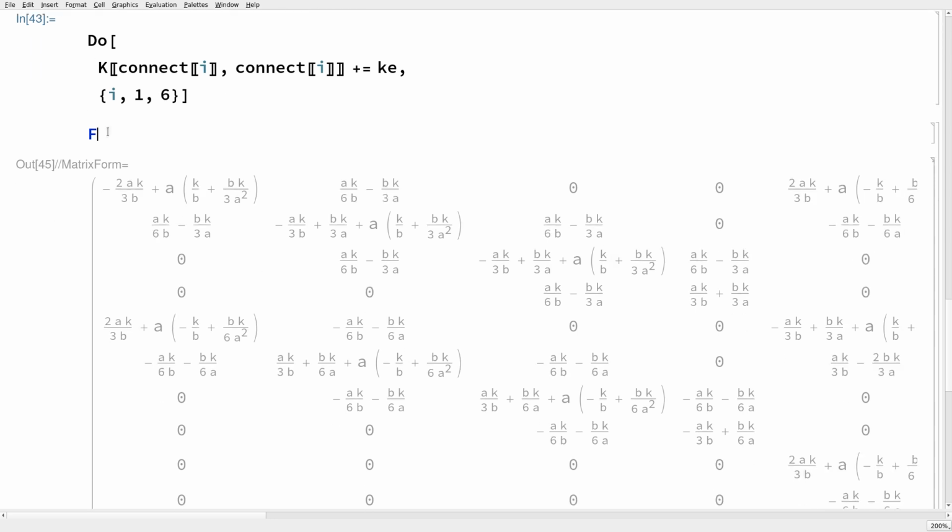So what I'm going to say is that f is a constant array of zeros that is also 12 elements.